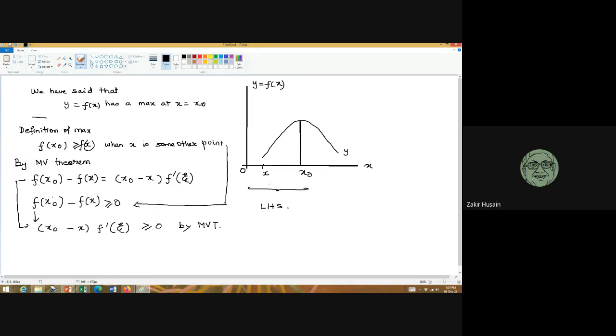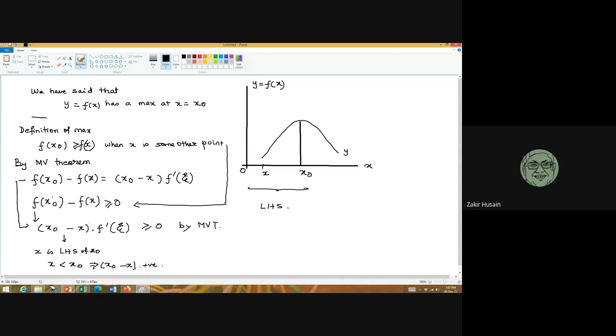Now, x is to the left-hand side of x0. So that means x is less than x0. So what will be x0 minus x? Greater than or equal to 0. It will be positive. Yes, sir. Okay.